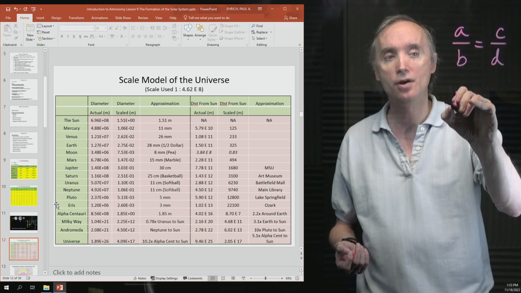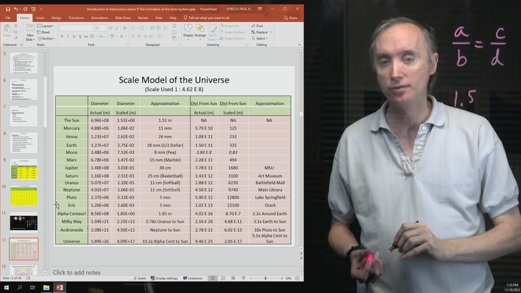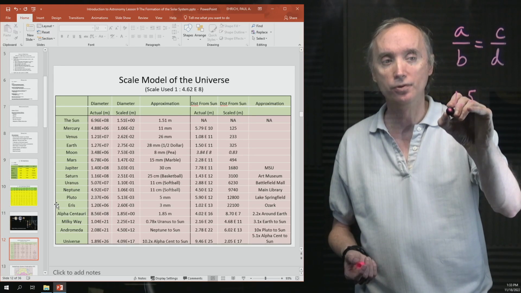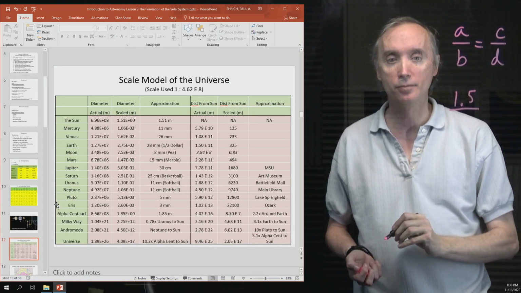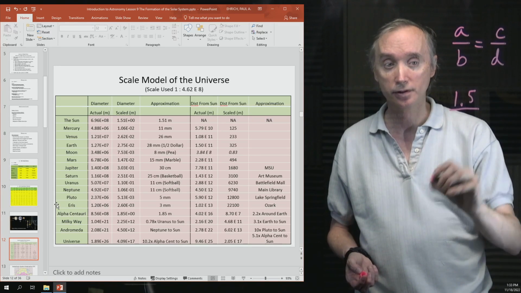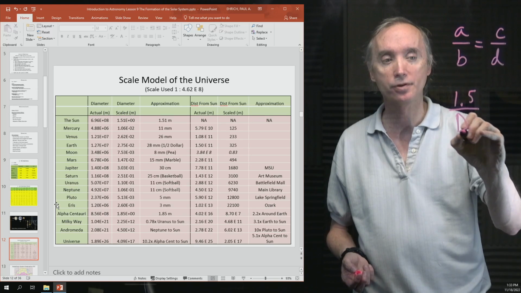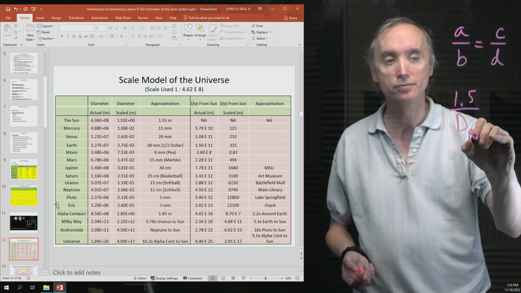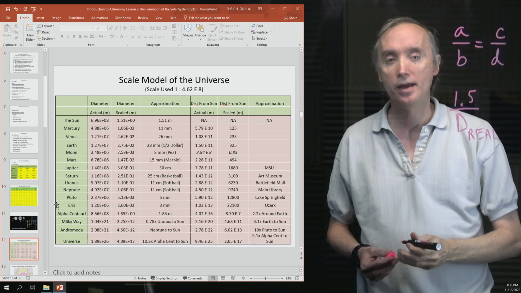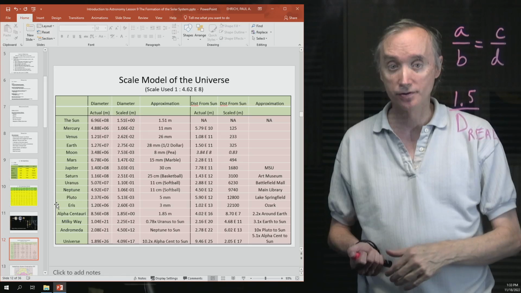So let's say that I know what the scaled down size of the sun is. Then what I'm going to do is divide that by the real diameter of the sun. I will symbolize that by D for diameter, with subscript real. So I went to the internet and I found out what the real diameter of the sun was.